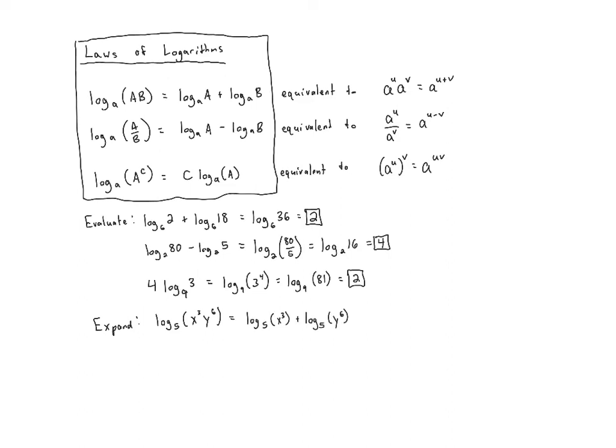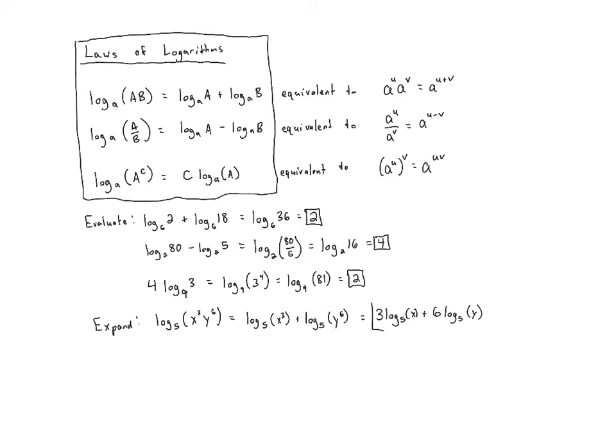And now we have two situations where we're taking the log of something with a power, and we know that we can take those powers and bring them out front as coefficients. So we could write this as 3 times log base 5 of x plus 6 times log base 5 of y.